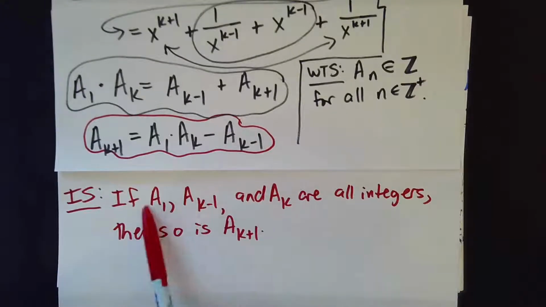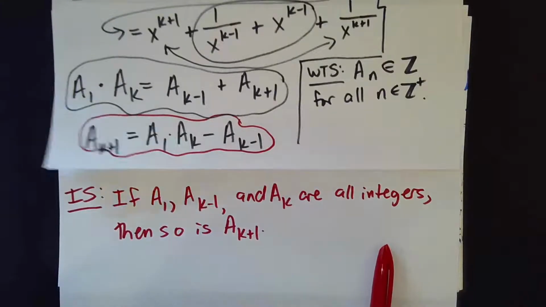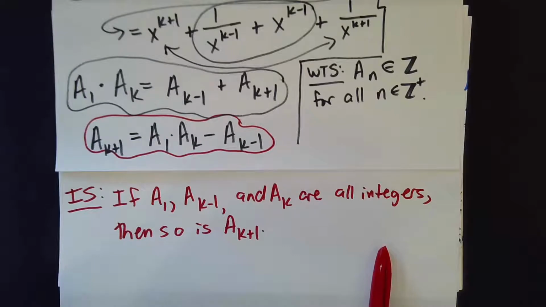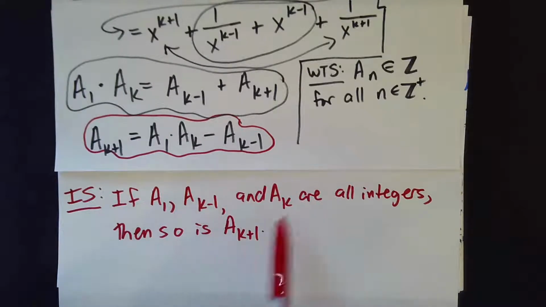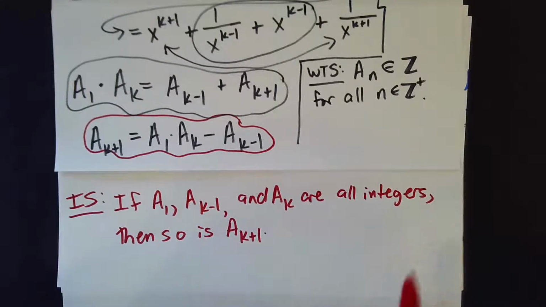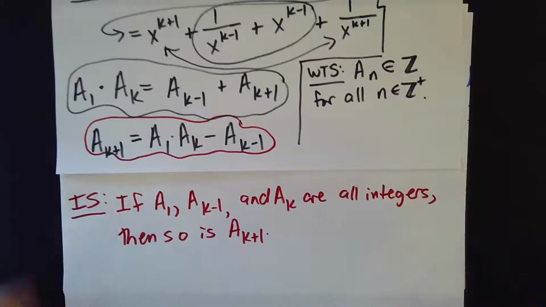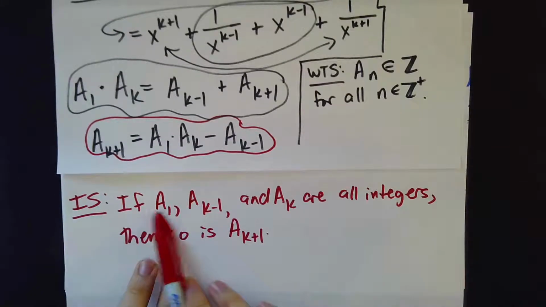And so this is a kind of weird looking inductive step. But once this is my inductive step, then I know what I need to make my base case. Namely, what do I need as my base cases in order for this inductive step to work?